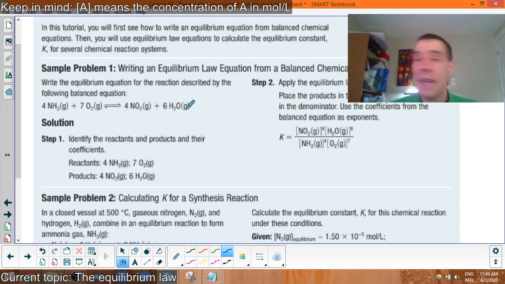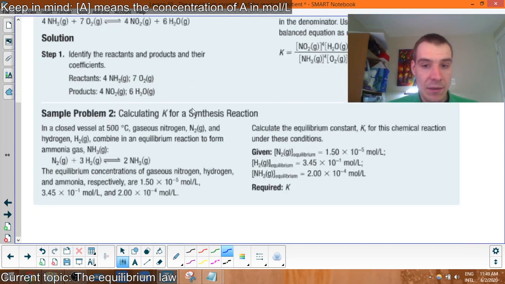Now this H2O is gas phase, and gas phase does have a concentration. You know, different pressures have different concentrations, so that one does get added to the equation. Divided by the reactants, NH3 to the 4, because there's 4 of them, and O2 to the 7, because there's 7 of them. So that would be how you do it.